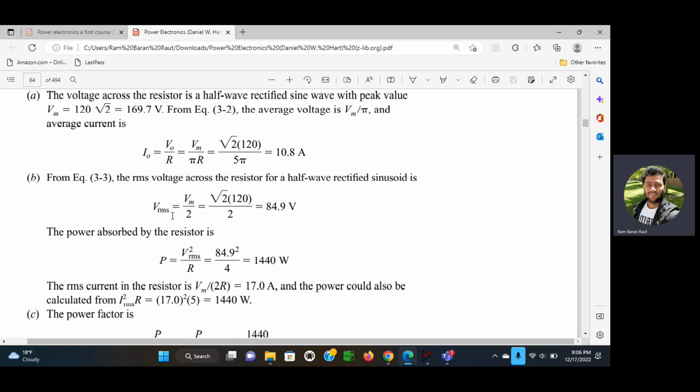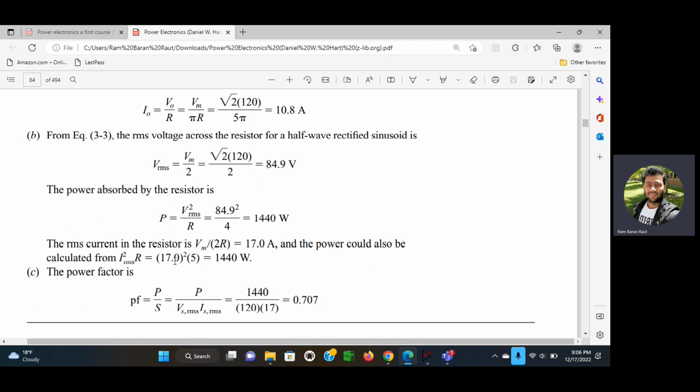So one more time, this is the alternative technique to find the IRMS current in the resistor. Since it is half wave, we are just dividing the peak voltage by 2, and to find the IRMS current for the output, Vm divided by 2R, which is like here 17 ampere.